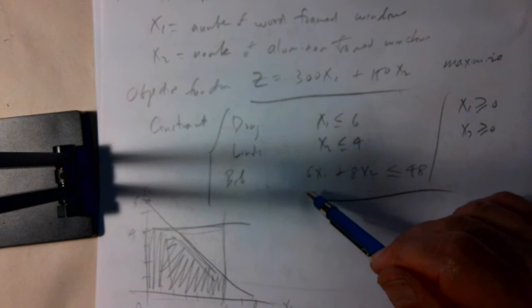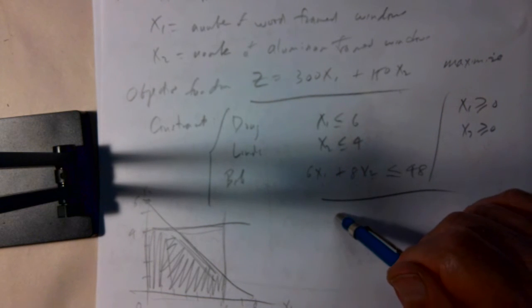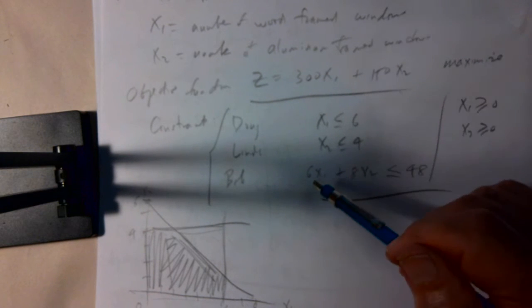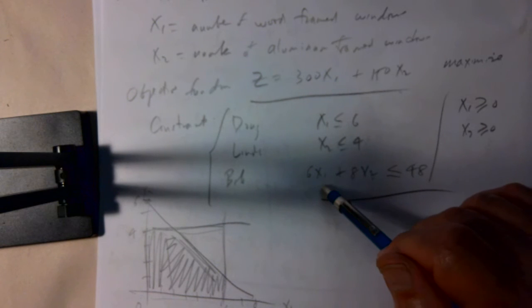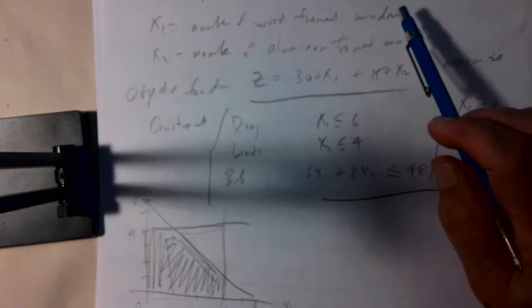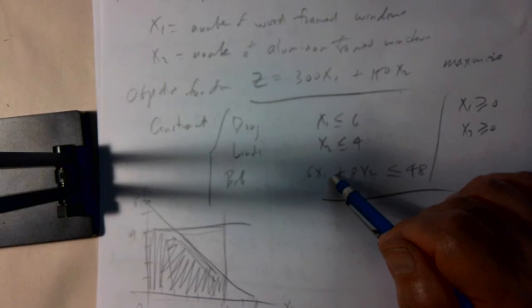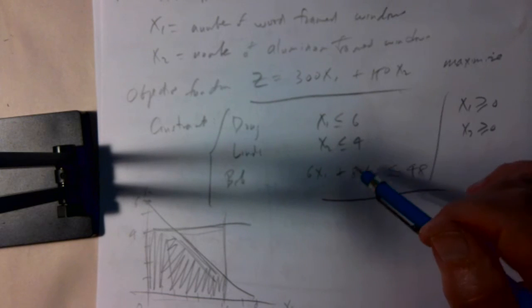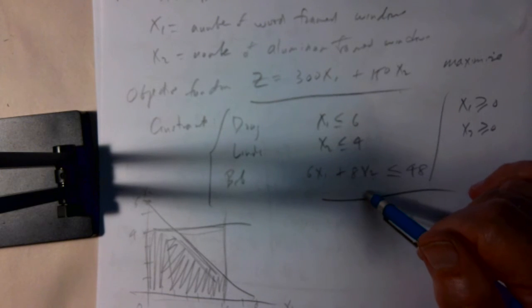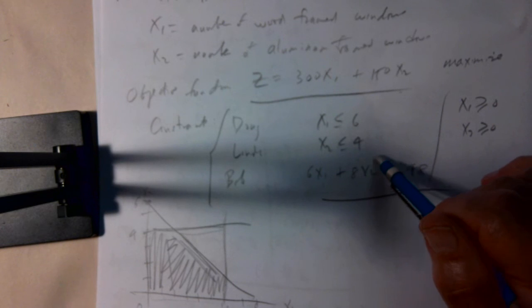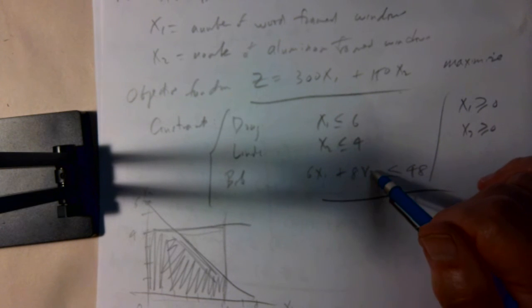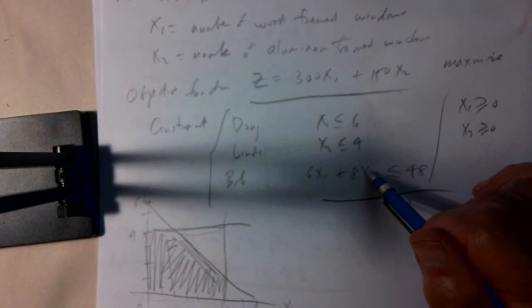And if you look at how much glass each window requires, the wood windows require 6 square feet per window. So if you make X1 windows, you're going to use 6 X1 square feet of glass. The aluminum windows use 8 square feet of glass per window. So if you make X2, that's going to require 8 times X2 square feet of glass.